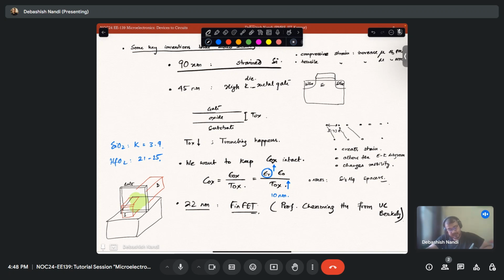This channel region is wrapped by the gate in all three directions. What does it help? It helps in increasing the field effect, rather than diminishing it. It increases the effect of the gate on the channel, more than the control of the drain and source. Okay, fine.